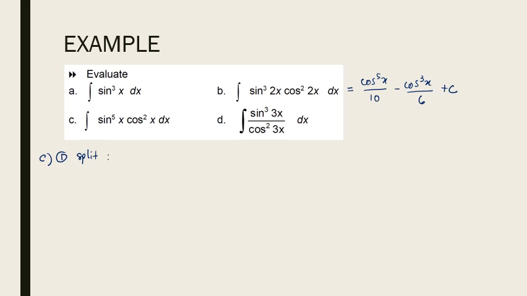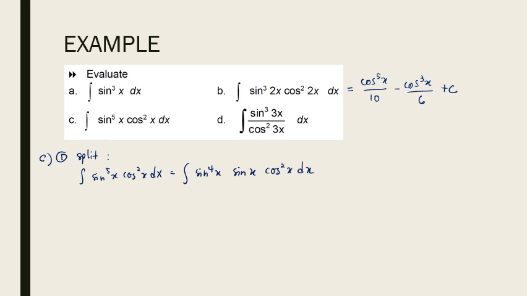So integrate sine power of 5x cos square x dx is equal to... okay, I'm going to split the sine. Integrate sine, split, becomes sine power of 4x sine x cos square x dx.